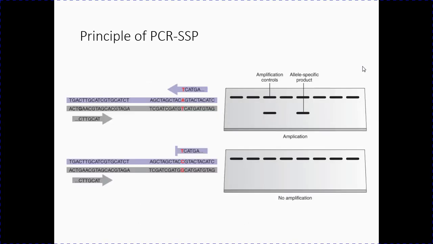The first PCR method we're going to look at is the one that we looked at last week, the SSP, the sequence-specific PCR. This is what we typically think of when we think of PCR, where only the primer pairs that bind perfectly with the target gene will amplify in the test, and then we detect the amplification and separate it by gel electrophoresis.